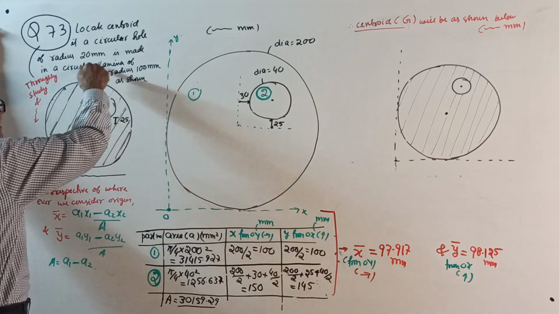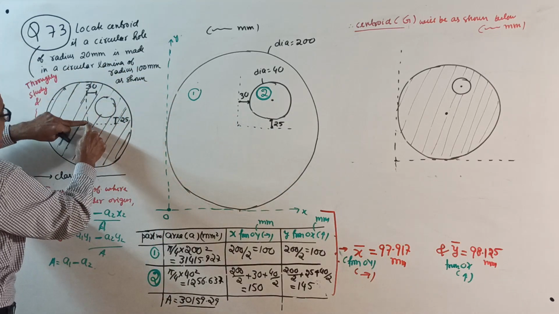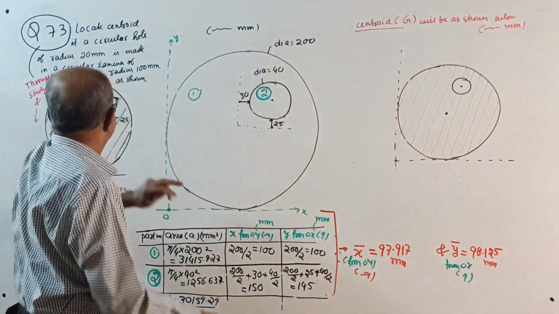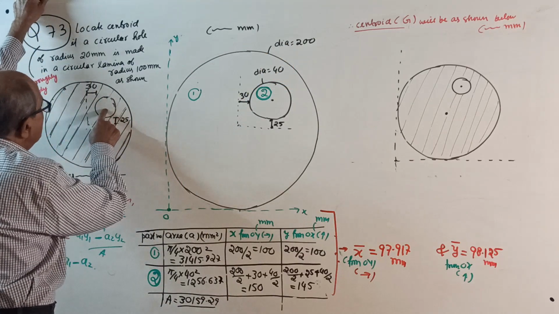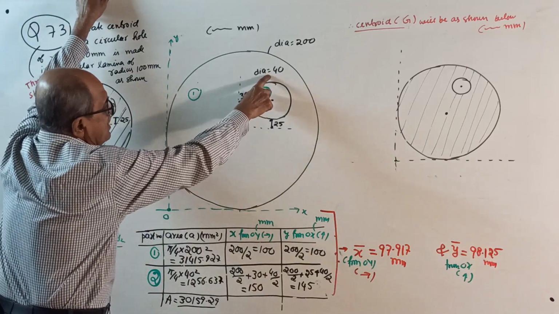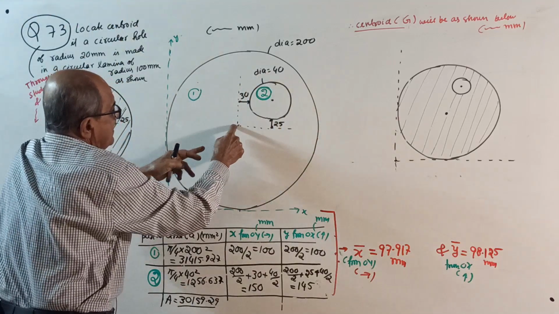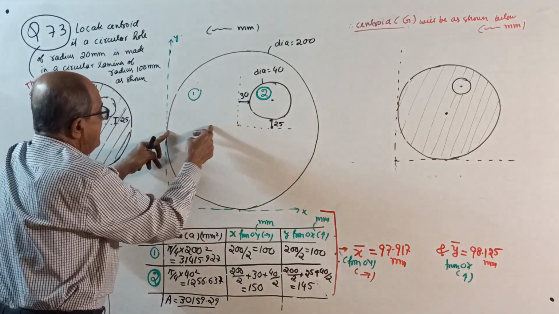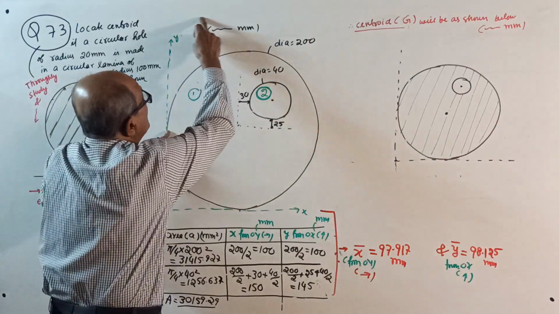For this circle, radius 100, so diameter 200. This cutout portion, radius 20, so diameter is 40. I will not tell this again and again in this class now. Radius 100, radius 100. I am not writing 200 here.